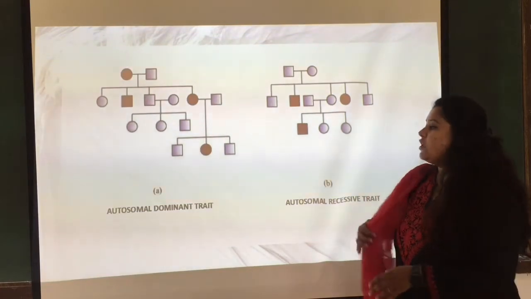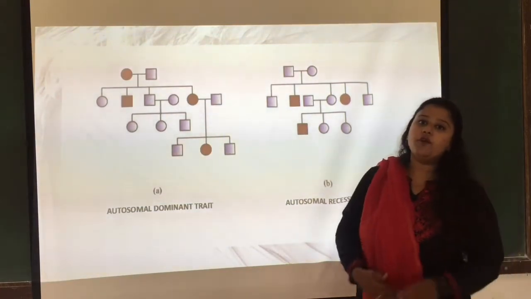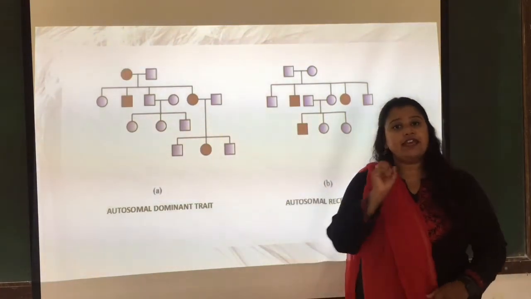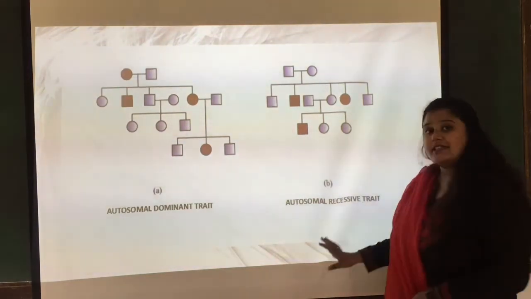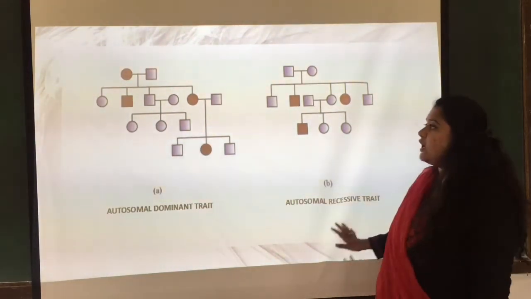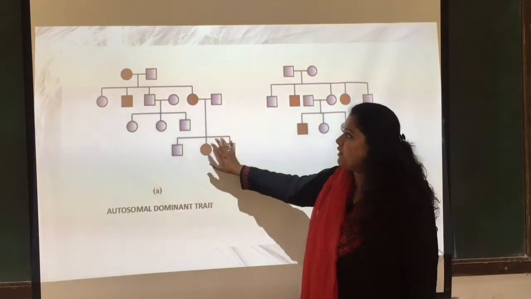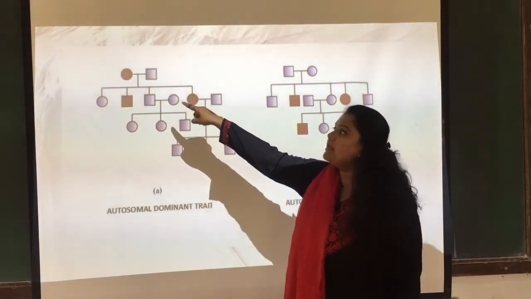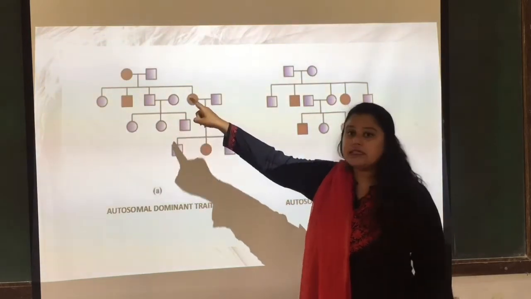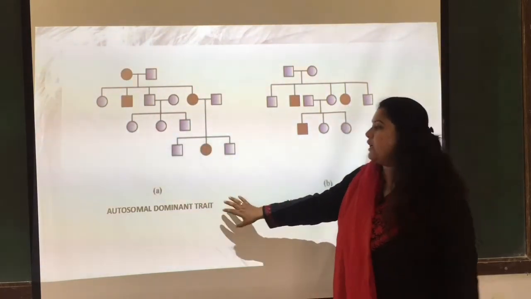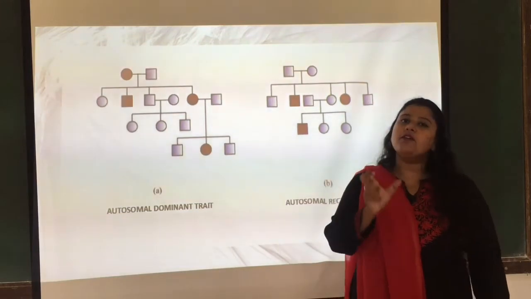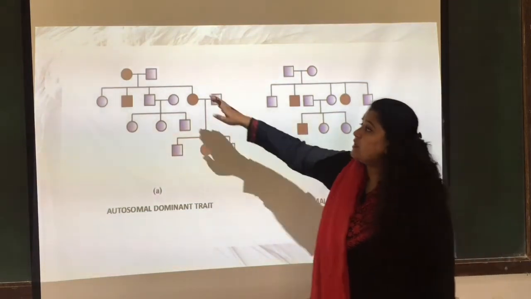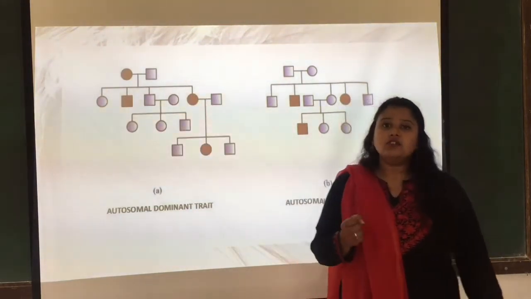So one thing you have to keep in mind is that whenever the word dominant comes, it is expressive, and when it is recessive, it is not expressive. Now going with the first figure, here you can see the male is not affected, but the female is affected. So that means the dominance of this particular trait, for any particular trait, this particular female is carrying the genes.